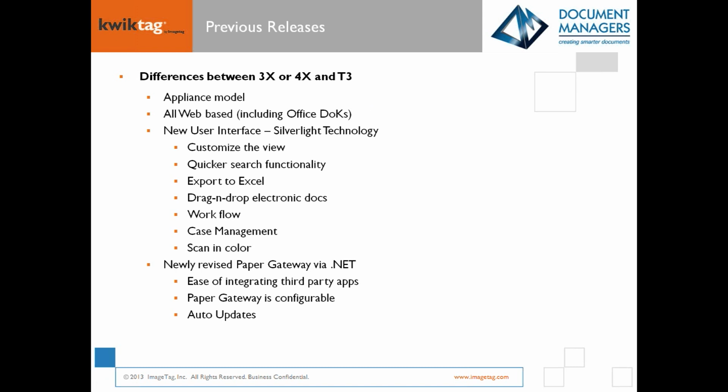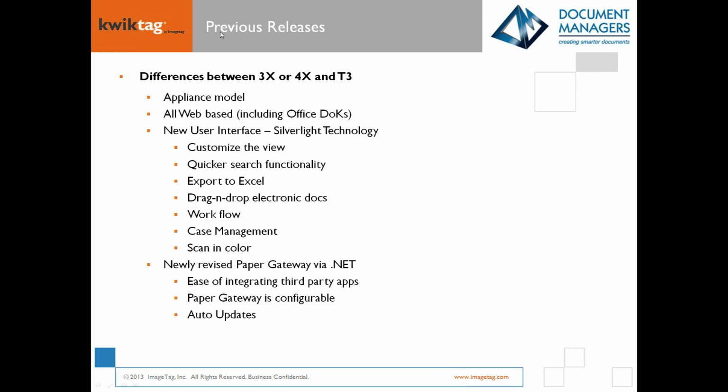If you have a virtual environment using Hyper-V or VMware, you can have a QuikTag virtual appliance model. Or if you do not, then we offer an appliance model which comes on a 1U rack mount server and is installed there on your premise. It totally encompasses everything. It has SQL, it has the operating software, it has everything you need to run QuikTag.